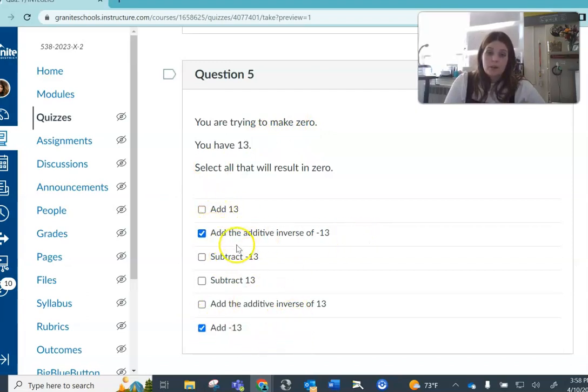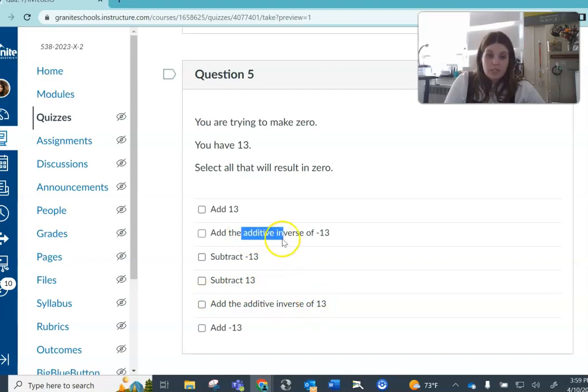Now remember, the additive inverse of negative 13 is positive 13. So if they're saying you add the additive inverse of negative 13, that means you add 13. Down here where it says you add the additive inverse of 13, that means you're adding negative 13.